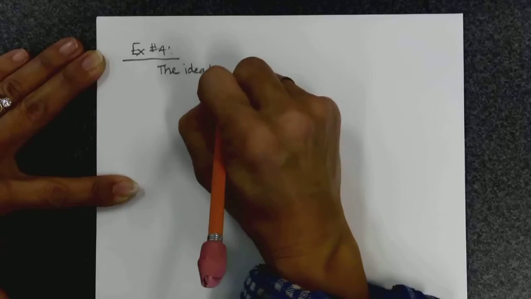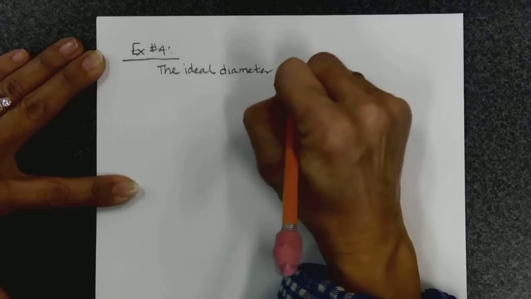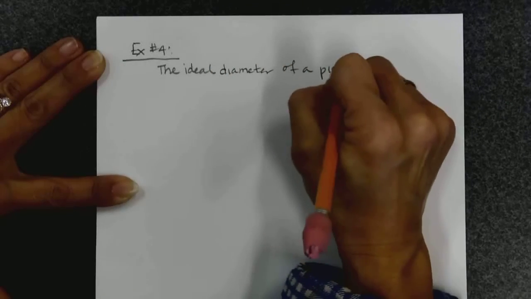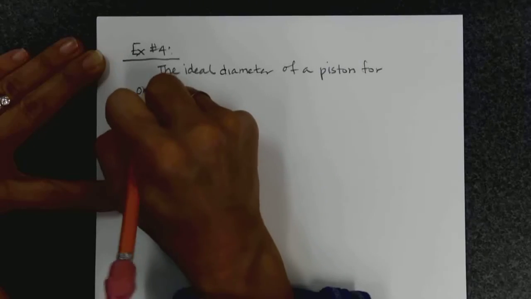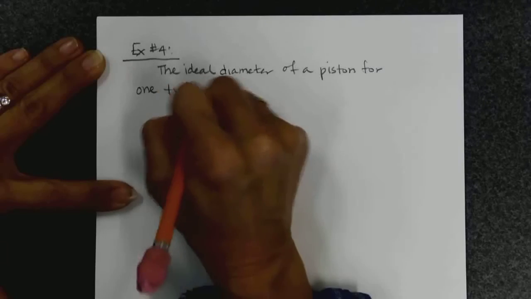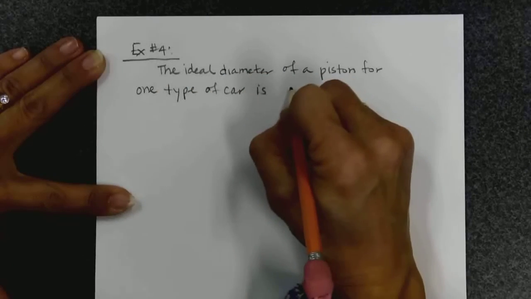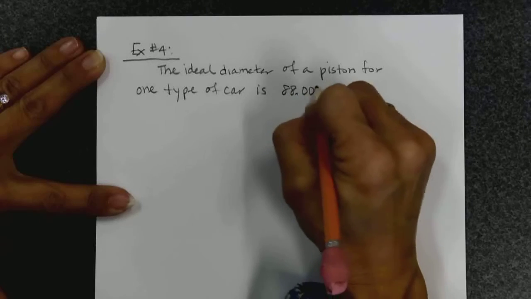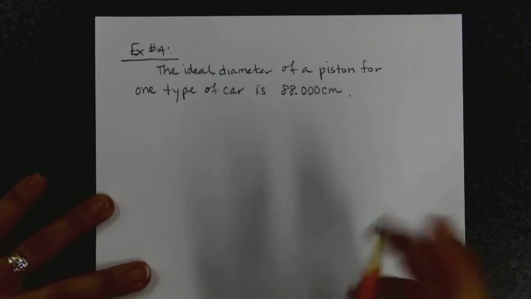So what we want the measurement to be: the ideal diameter of a piston for one type of car is 88.000 centimeters. This is an ideal measurement.